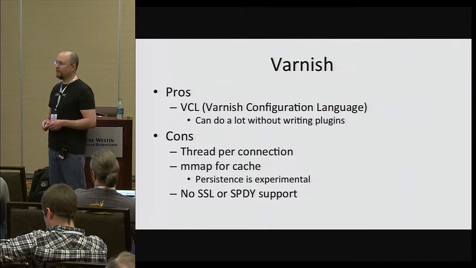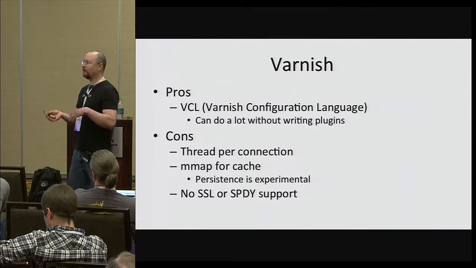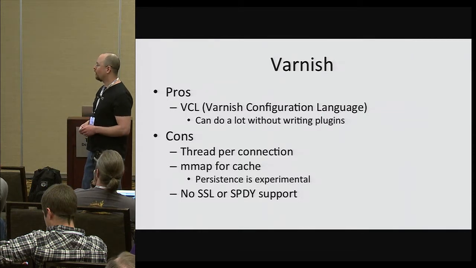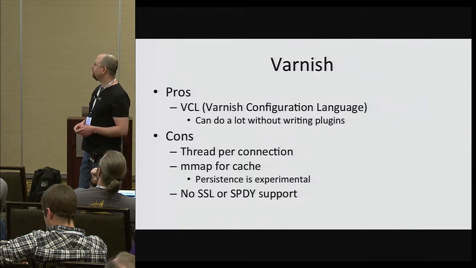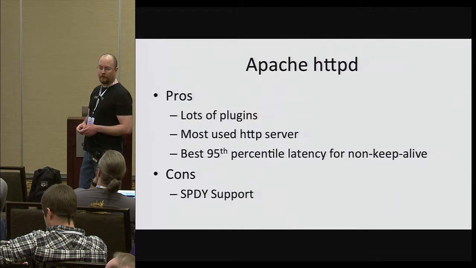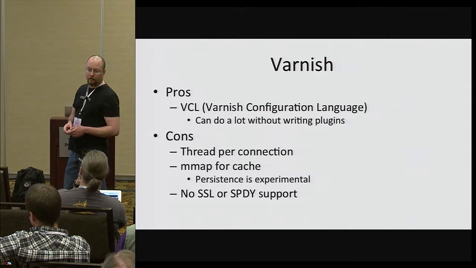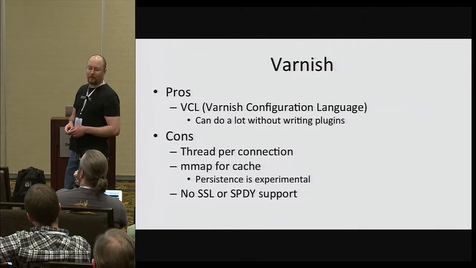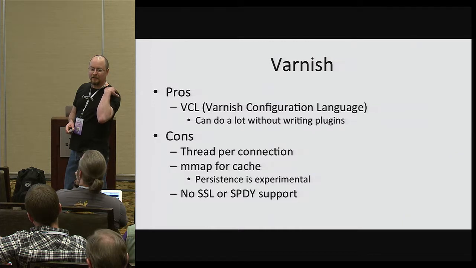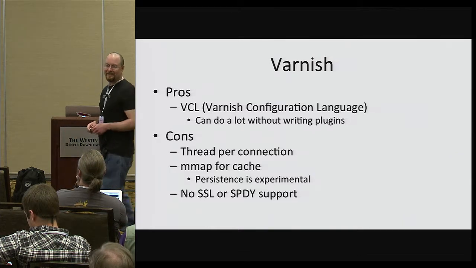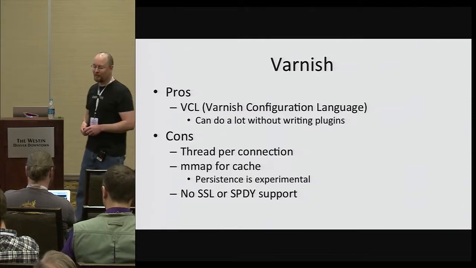So if you want to implement SSL or SPDY, you're going to have to put another proxy layer in front of Varnish to handle all that. Yes, that's why I said thread per request. Yes, I know, thread per non-idle connection.